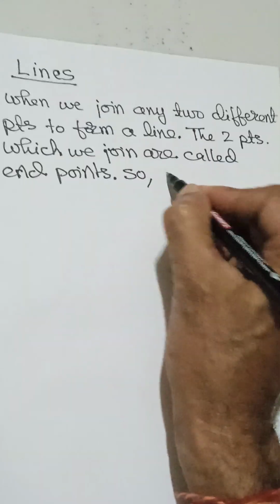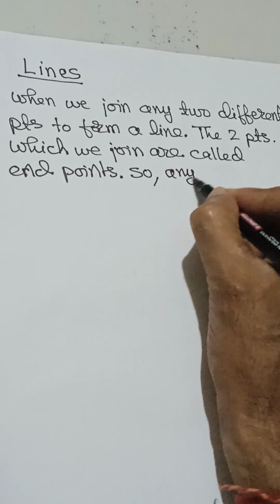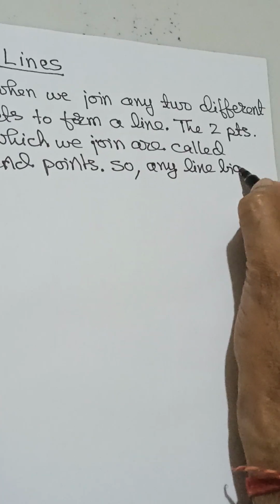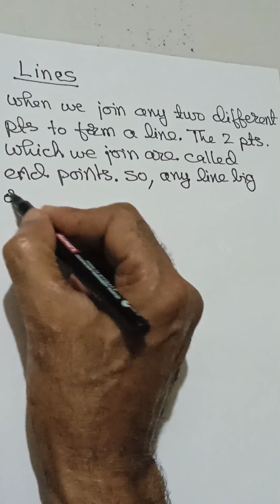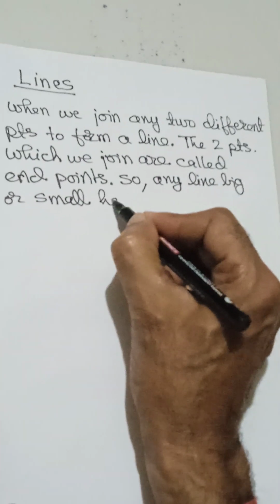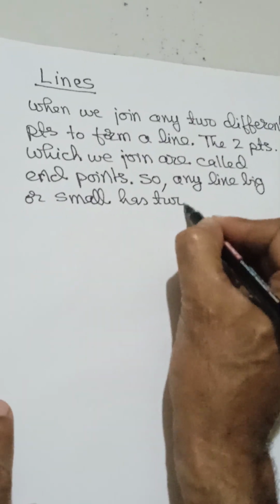So any line, big or small, has two end points.